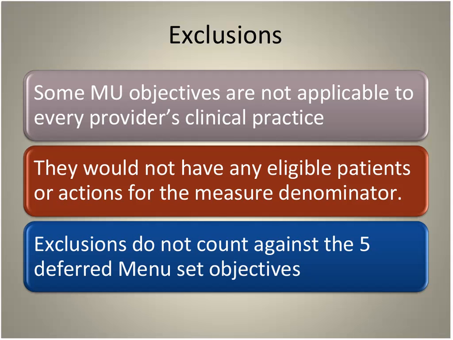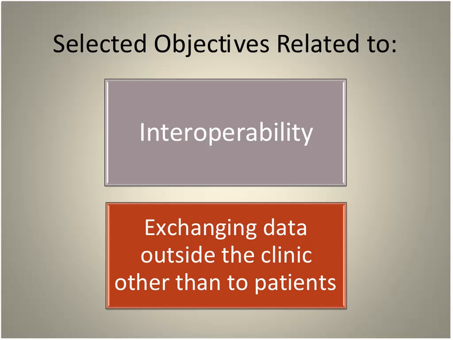If you can exclude 3, that doesn't mean you have to replace them with other ones. That would just mean you would only have to select 2 of the menu set objectives, at least one having to be a public health objective.